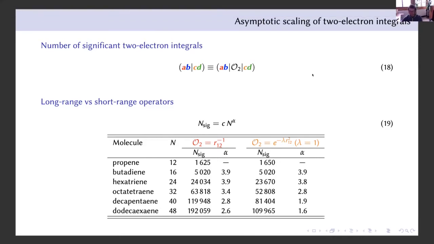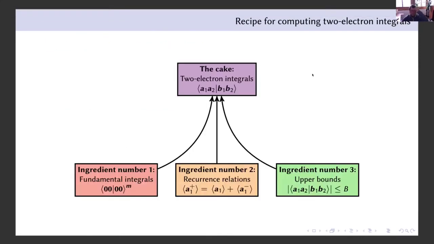40. Okay, so quickly, if you want to compute 2-electron integrals, there are 3 things that you're going to have to be able to do. You're going to have to compute very efficiently those what we call fundamental integrals, which are basically the S-type integrals, a generalization of the S-type integrals.